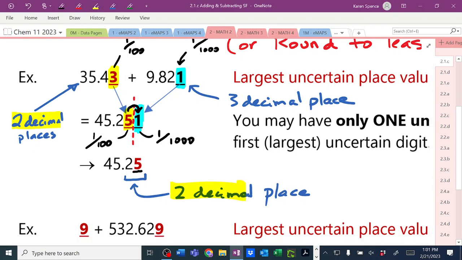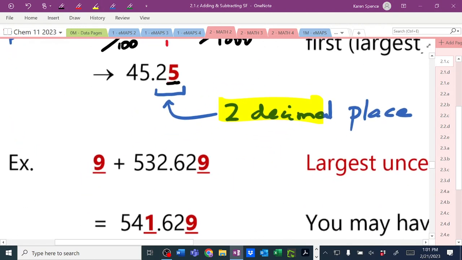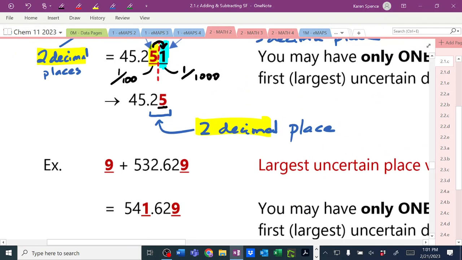Let's try the next one. The number 9. How many sig figs in the number 9? 1, which means that that is our only digit and that is our uncertain digit. So we have an uncertain digit in the ones position. Which means in our answer, when we add 9 to 532 point whatever, we still have an uncertain digit in our ones position.